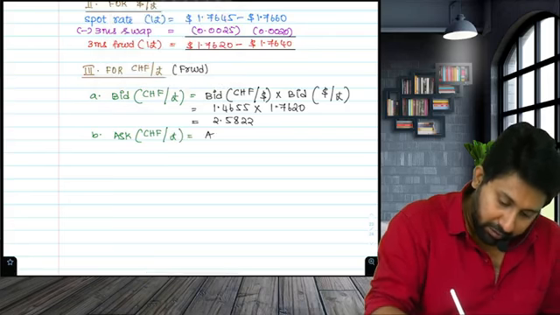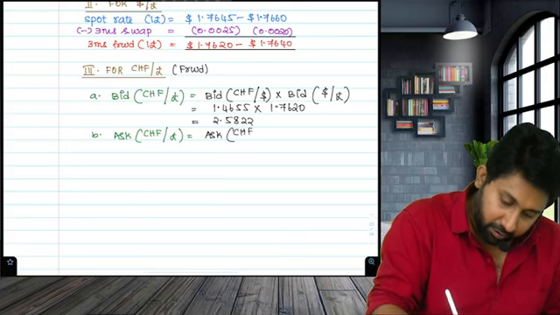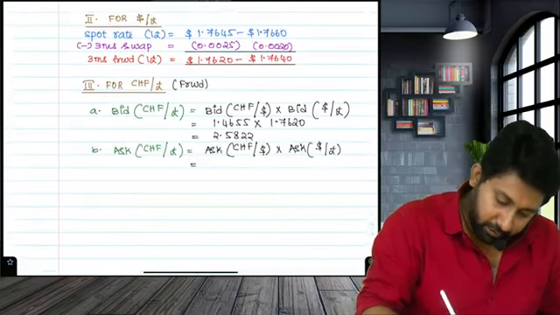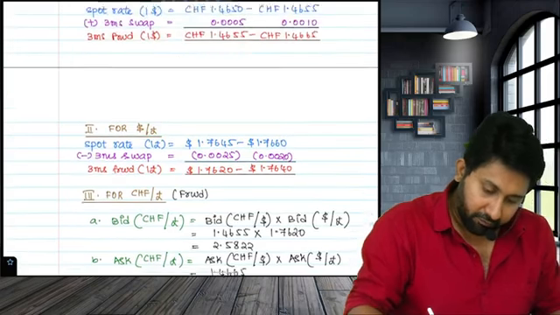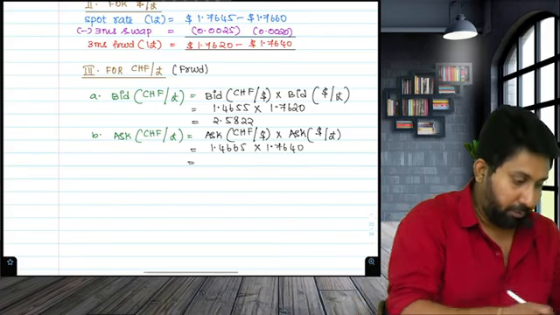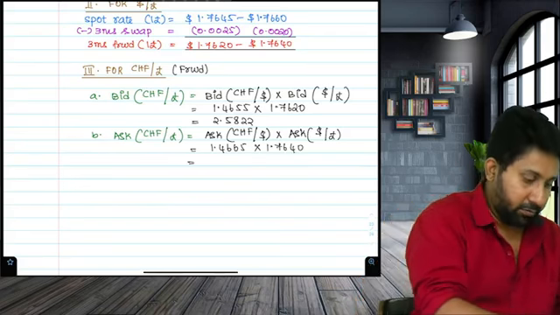Do along with me: ask of CHF by dollar into ask of dollar by pound, that equals how much? 1.4665 into 1.7640, equals 2.5869.